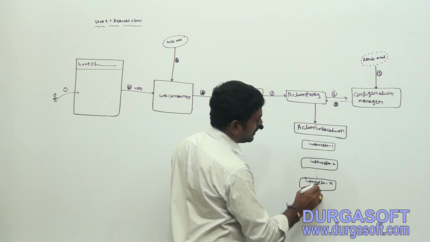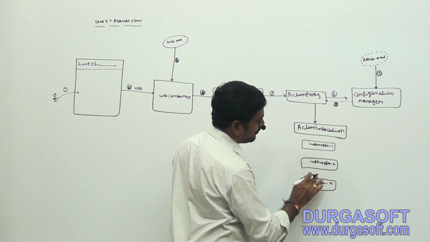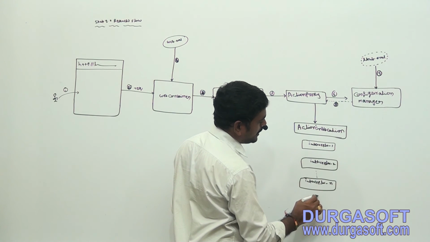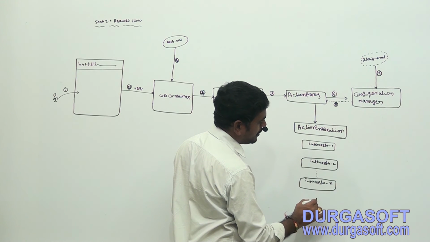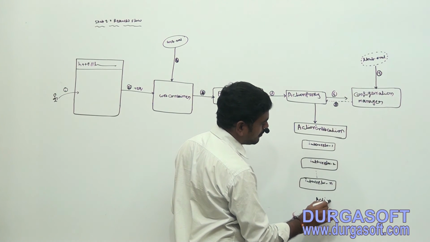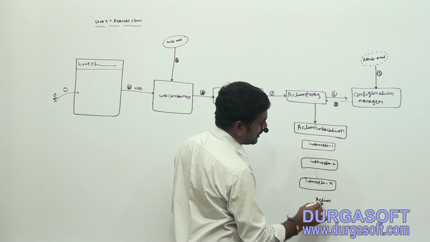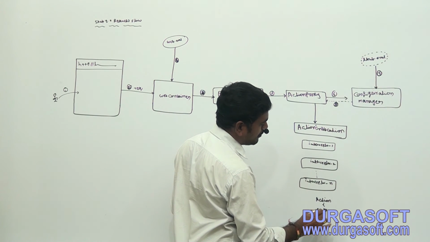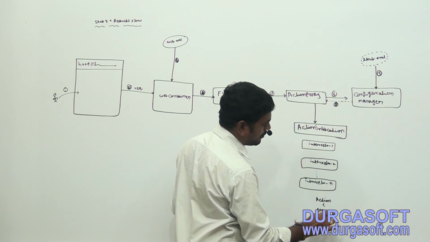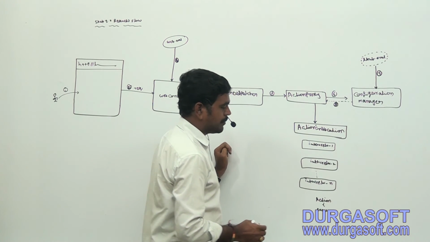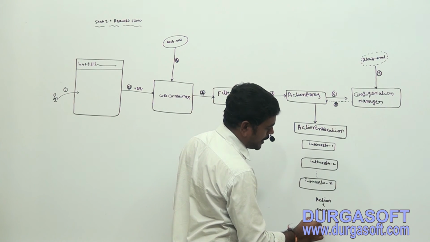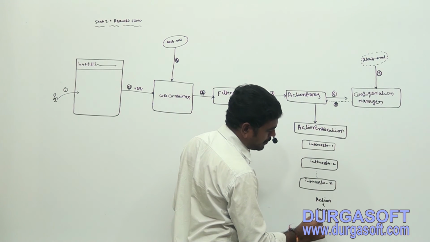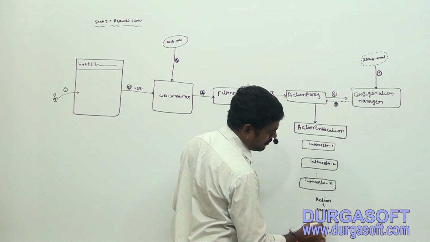Then finally interceptor n activates the action class. Inside this action class, the execute method is there, and under that we can write some logic.